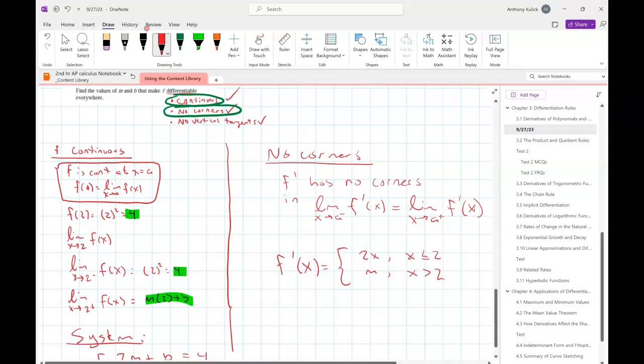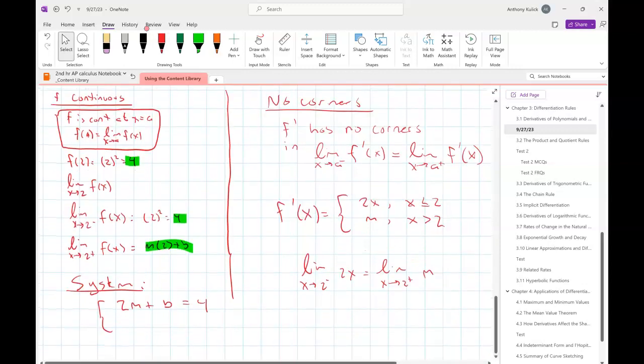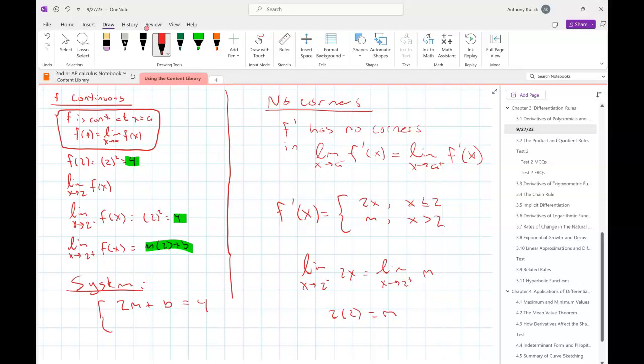So I need the limit as x approaches 2 from the left of 2x to equal the limit as x approaches 2 from the right of m. Or in other words, m has to be 4.